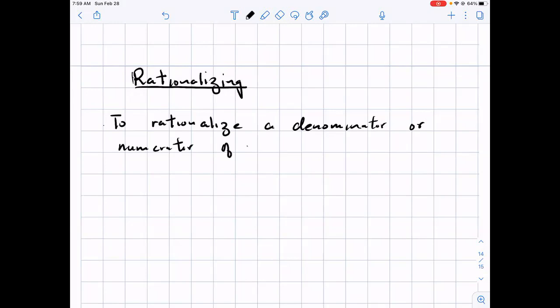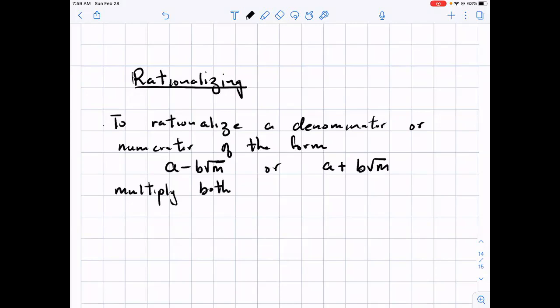of the form a minus b square root of m, or a plus b square root of m, multiply both numerator and denominator by a conjugate.